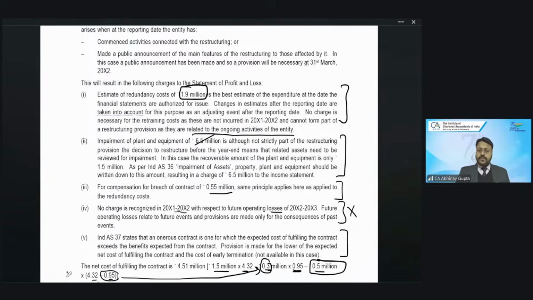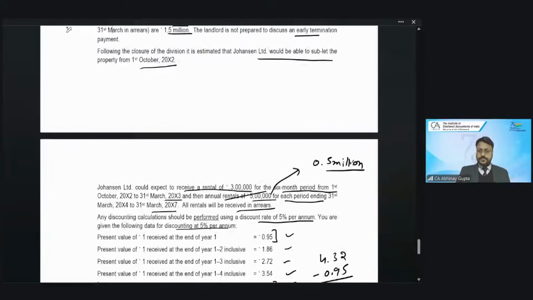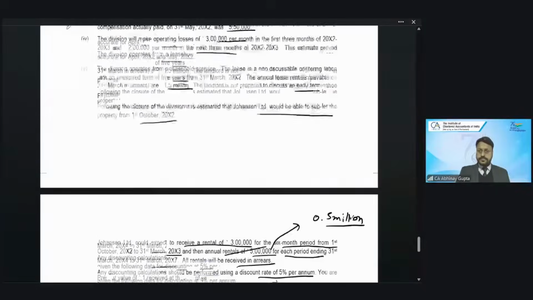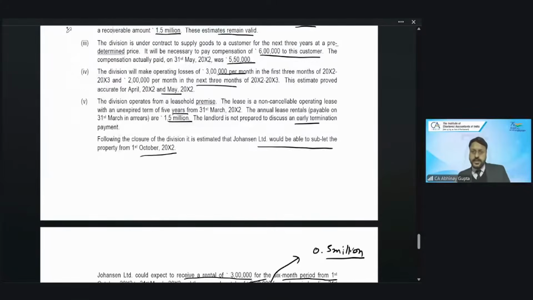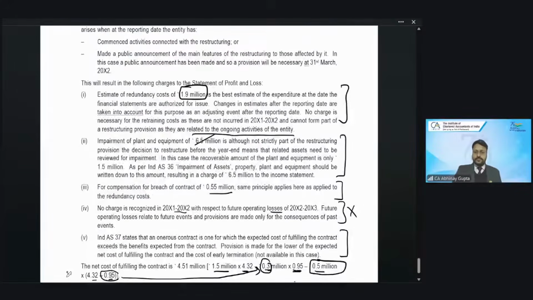And why 1.5 million for 4.32? Here, the annual lease rentals payable are 1.5 million, and these are the receivables, 3 lakh and 5 lakh. So that is the payable. Payable minus receivable, the net obligation. Correct? Yes, sir. Clear?